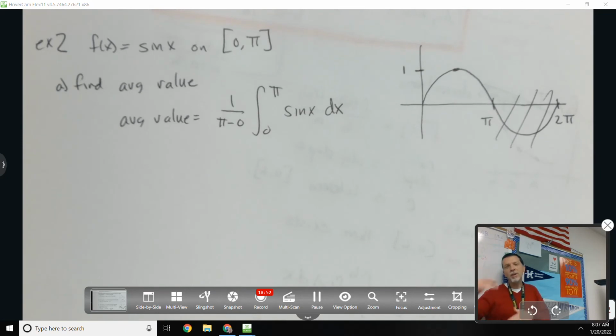How about give me a range you think it's going to be? I just want to make sure you're understanding the concept here. What's it definitely between? It's definitely between 0 and 1. Based on that picture, do you think it's closer to 0 or closer to 1? Can you tell by looking?